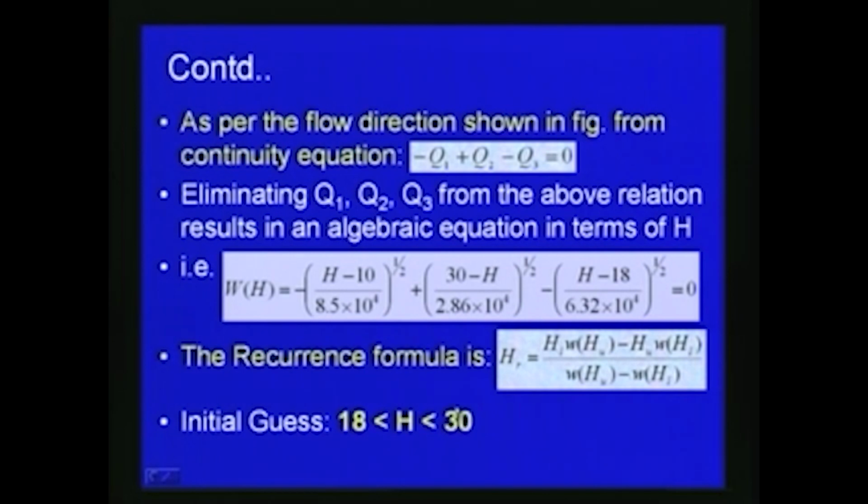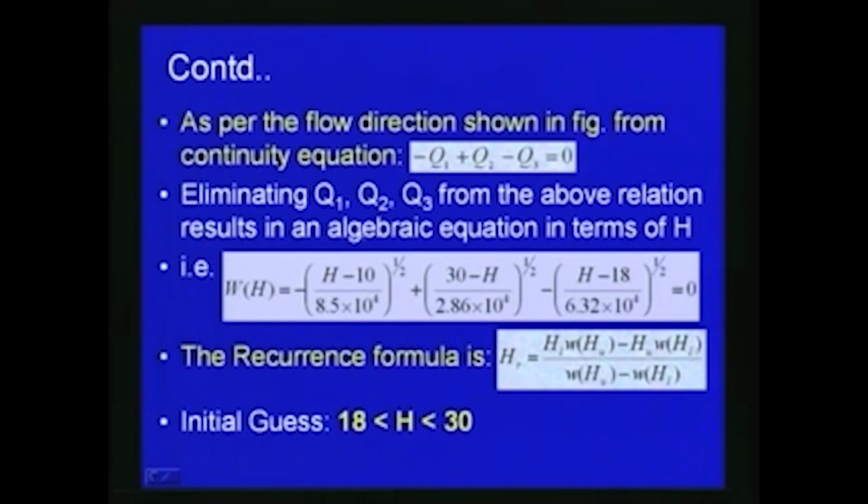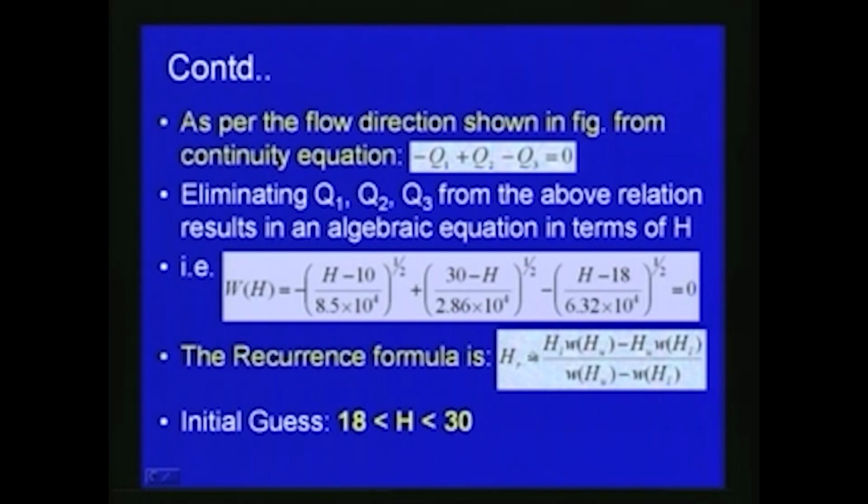So, we start the iteration with a value of H as 22 meter, and then we will use the recurrence formula given here. In this table you can see the first column is iteration number 1, 2, 3, and then the upper head value HU and lower head value HL, and then W(HU), the W function corresponding to the upper value given by this equation, and W(HL) corresponding to the lower value, and then we get the corresponding HR from this equation.